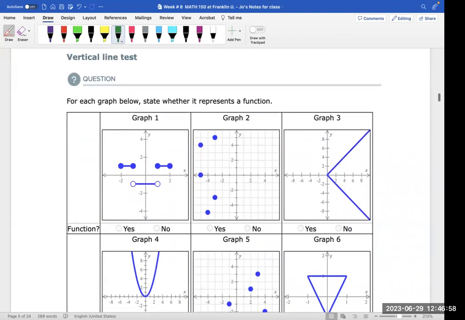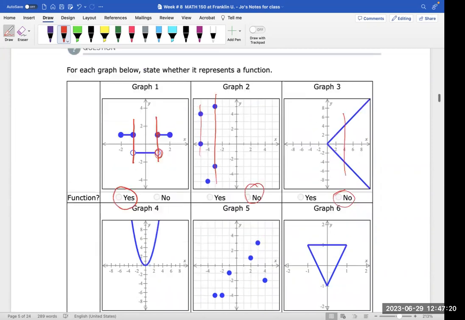So again, to do this, here is okay. This is a function because the open circle means it's not part of my function. The closed circle means that it is. This one here is not. It's also not because of that. This one here is not.